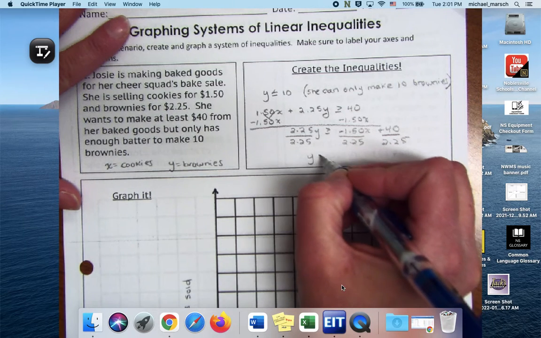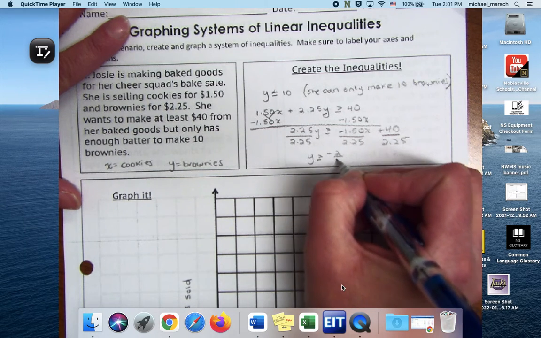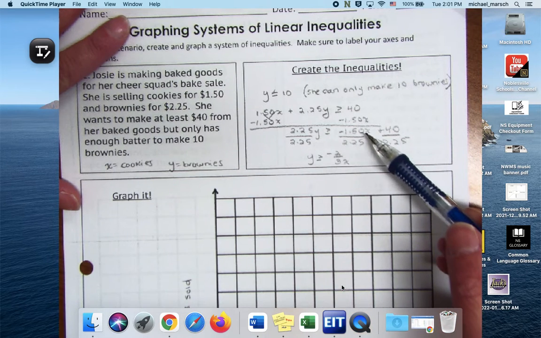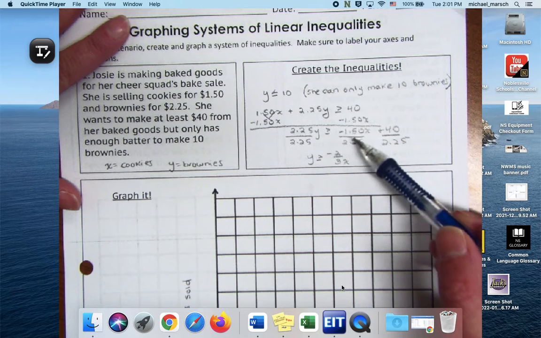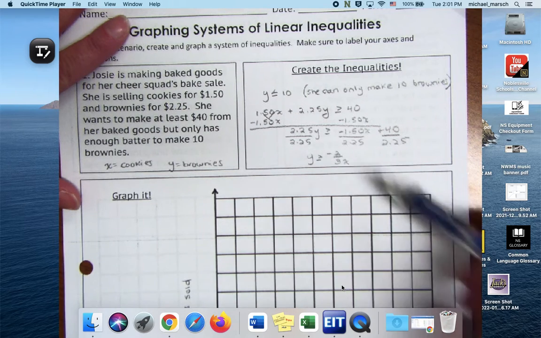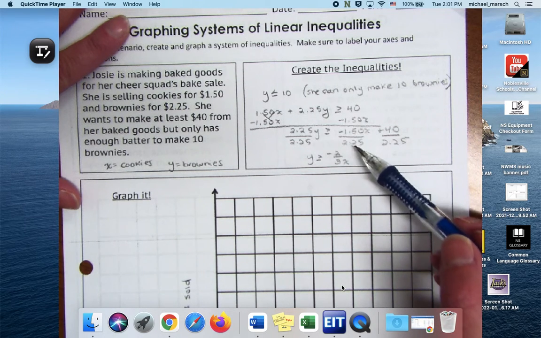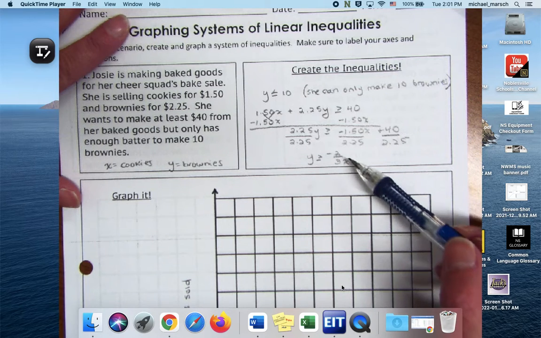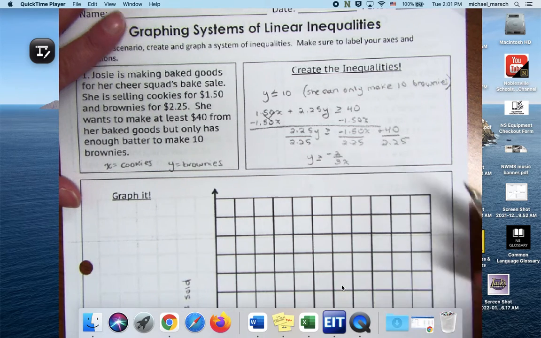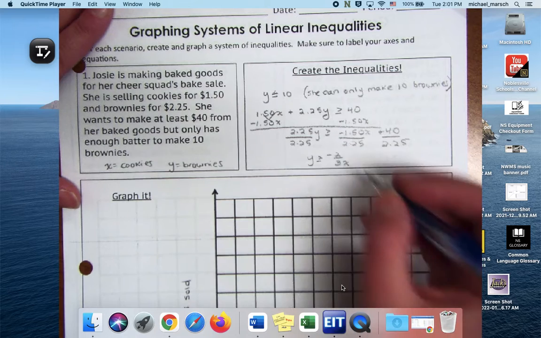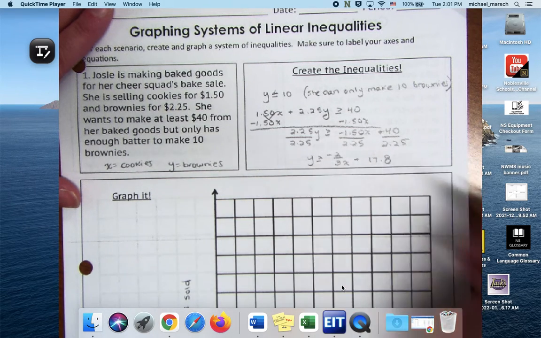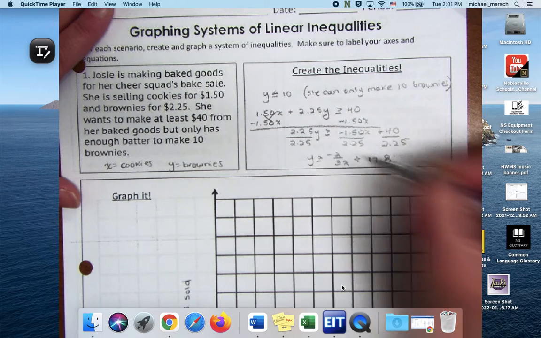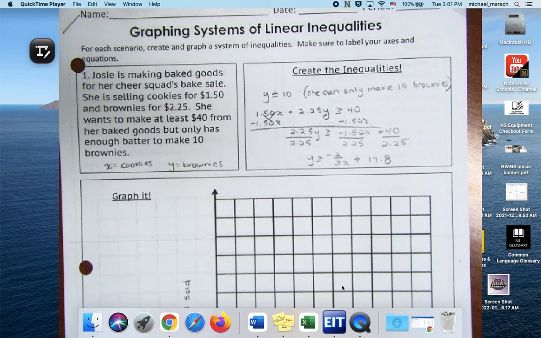We end up with Y is greater than or equal to negative 2/3 x, because 75 cents can go into $1.50 2 times and it can go into 2.25 3 times. If you actually did the math, you'd get 0.6 repeating, which you all would know is 2/3. And then this turns into a really awkward 17.8. Kind of weird, but that's okay. We can still work with it.